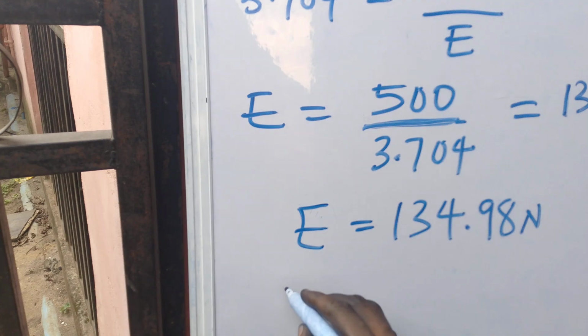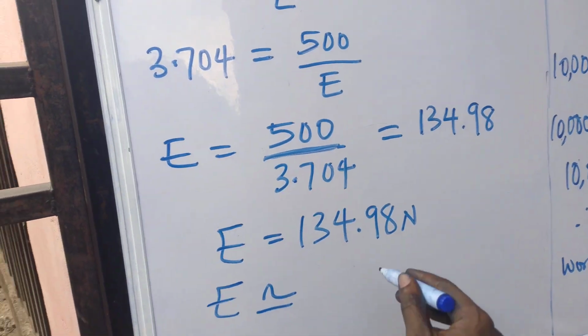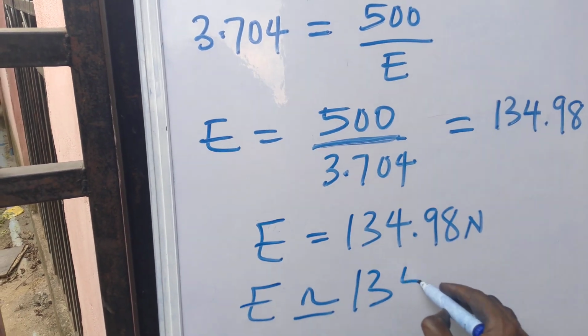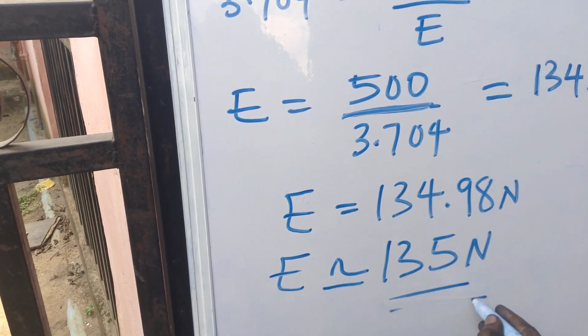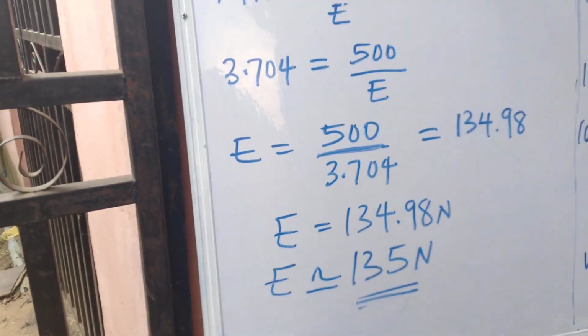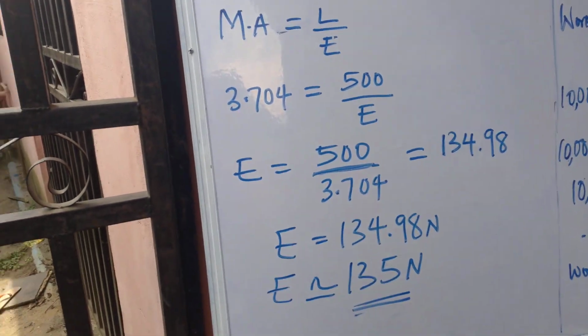Okay, approximating it to the nearest whole number, my effort is 135 Newton. Alright, so that is it. Approximating to the nearest whole number, effort is 135 Newton.